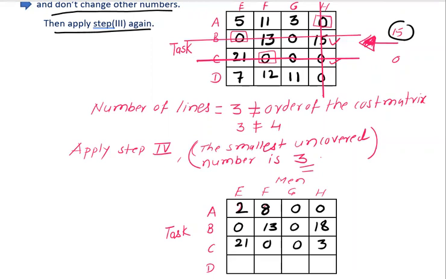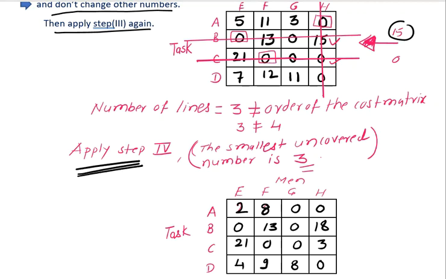So 7 minus 3 is 4, 12 minus 3 is 9, 11 minus 3 is 8, and 0 is on the line, so do not change it. All right, so this is the cost matrix obtained after step number 4.